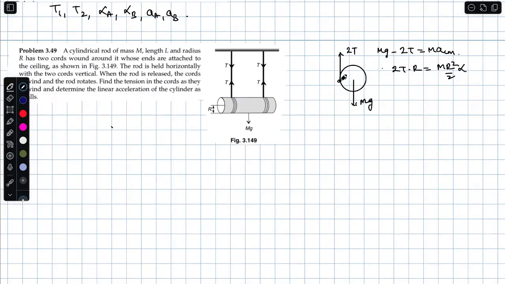Similarly, at this point, up is R alpha. The downward direction acceleration is ACM. For the length of the string to remain constant, ACM is equal to R alpha. You have equation 1, equation 2, and equation 3. Solve those 3 equations, you will get the answer. Very simple. Any doubt? Pakka?